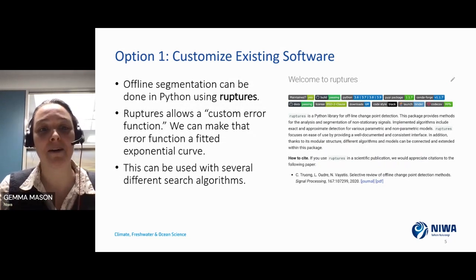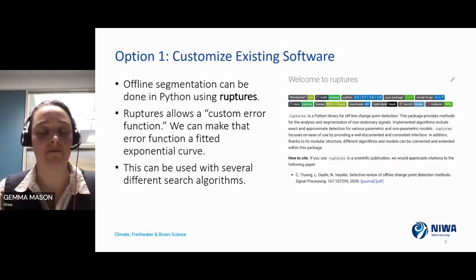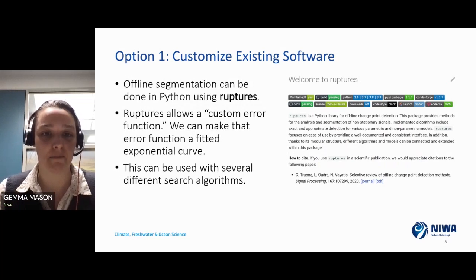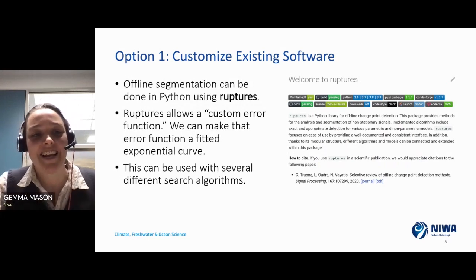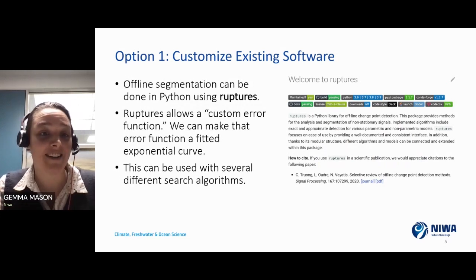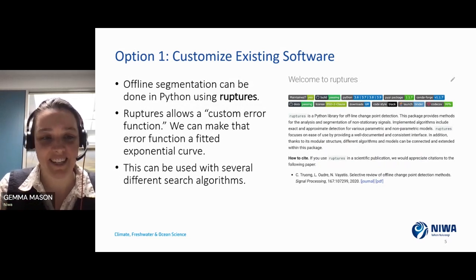It's a bit involved, but if you're talking about good, fair, and beautiful, customizable, modular software, Ruptures is just a beautifully excellent package. Even though this isn't what it was designed for, it is so good that it allows that kind of modularity, and we can try several different search algorithms with this custom error function to see how it works. So if we go to the next slide.